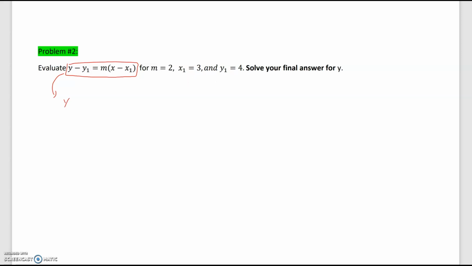So y minus y1 is equal to m times x minus x1. So y1 is 4. This is equal to, our m value is 2 times x minus, and your x1 is equal to 3.